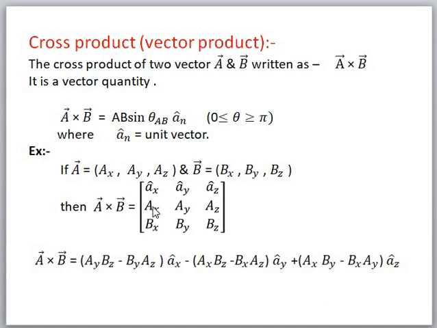This is vector A cross vector B is equal to (ay bz minus by az) into ax cap minus (ax bz minus bx az) into ay cap plus (ax by minus bx ay) into az cap.